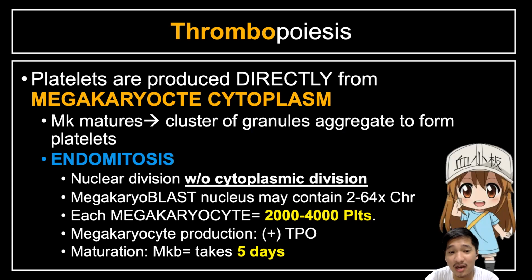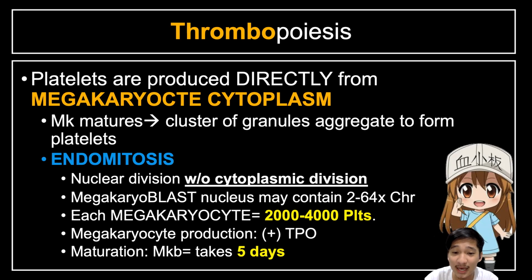They say that the megakaryoblast nucleus may contain 2 to 64 times the chromosomes, and each megakaryocyte produces 2,000 to 4,000 platelets. So take note, one megakaryocyte produces 2,000 to 4,000 platelets to make the normal range of our platelets in the peripheral blood, which is 150,000 to 450,000.